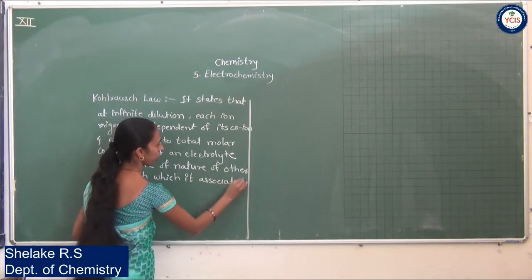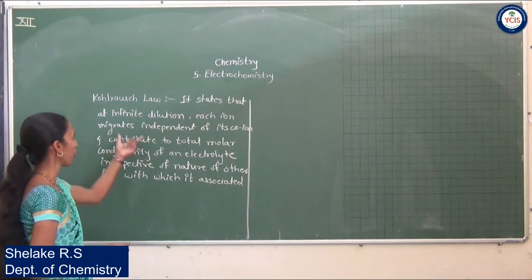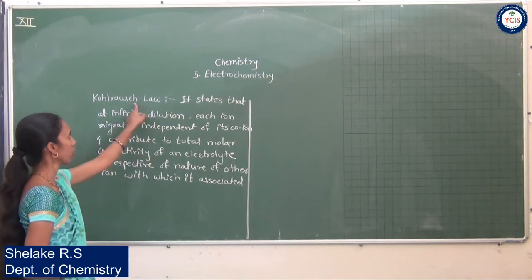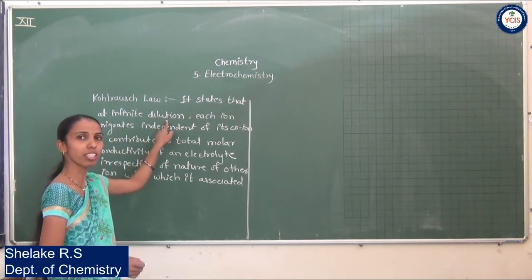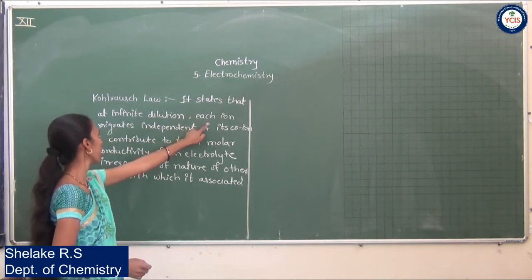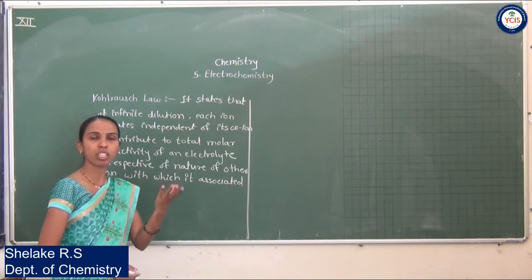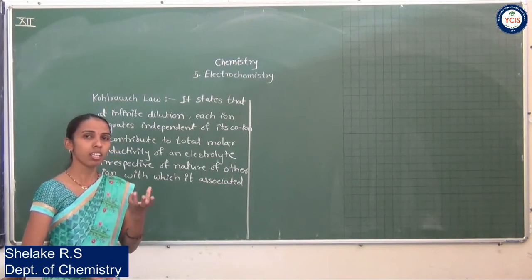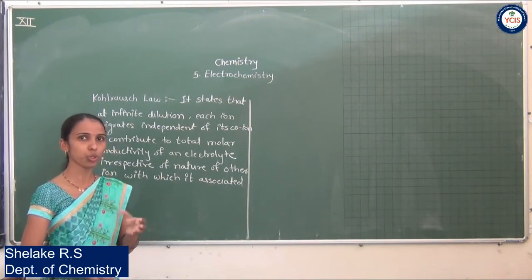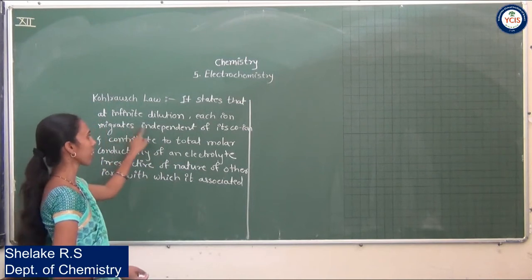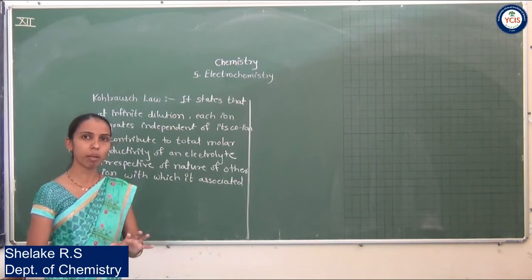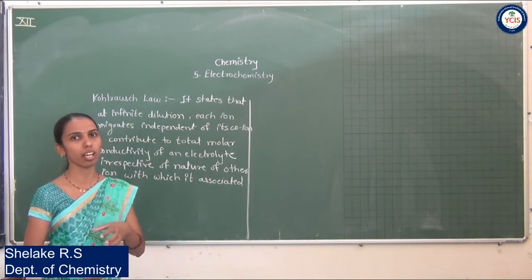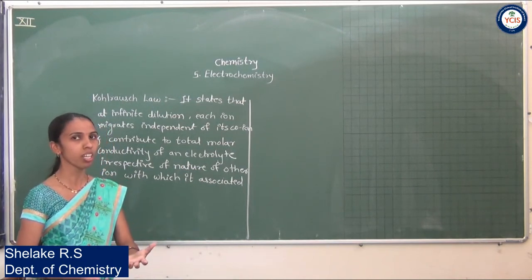So I will explain the meaning of that. Kohlrausch's law states that at infinite dilution, or at zero concentration, each ion, meaning in an electrolyte there are cations and anions, migrates independent of its co-ion. The migration of the cation does not depend on the anion, and the migration of the anion does not depend on the cation.